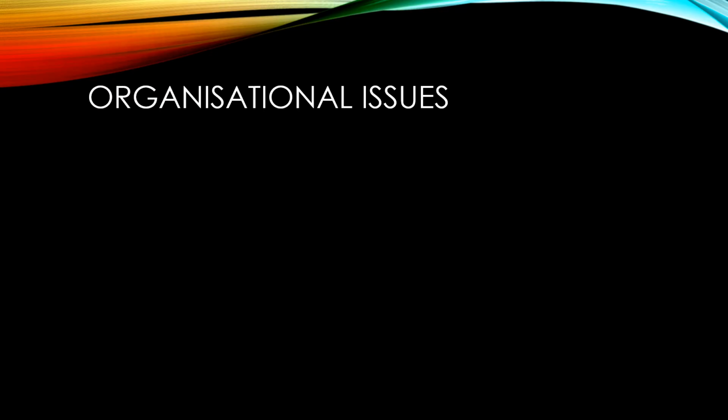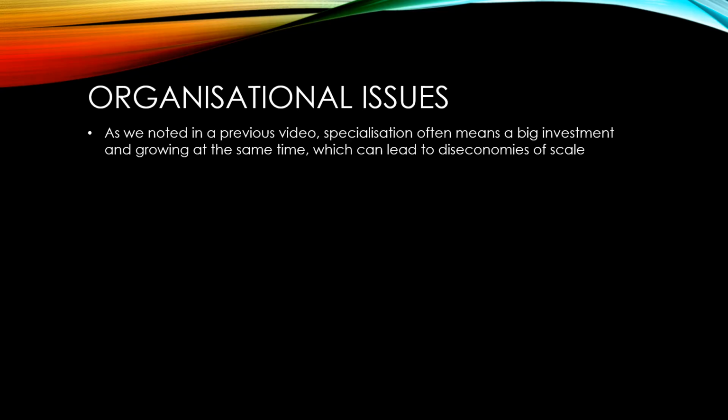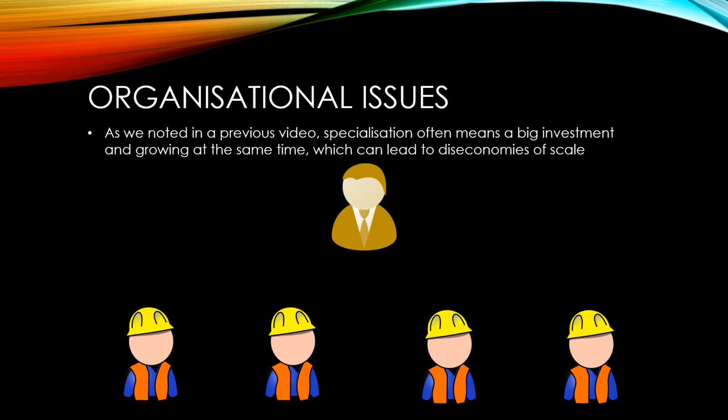In my earlier video on the benefits of specialisation for producers, we noted that specialisation often means a big investment and the firm growing at the same time. Not only can this lead to economies of scale, but it could also lead to diseconomies of scale. Let's look at an example. A small firm with only a few workers can easily be managed by the owner.